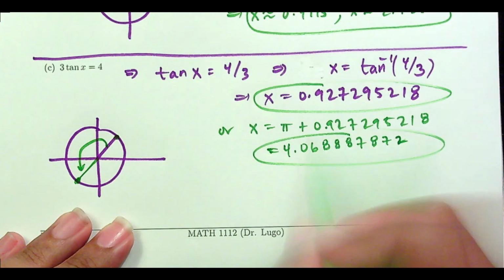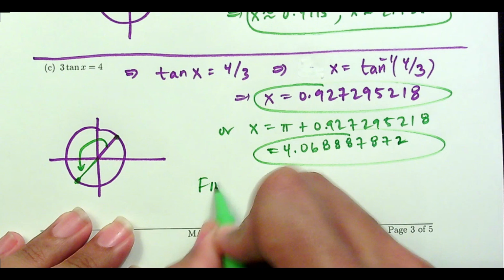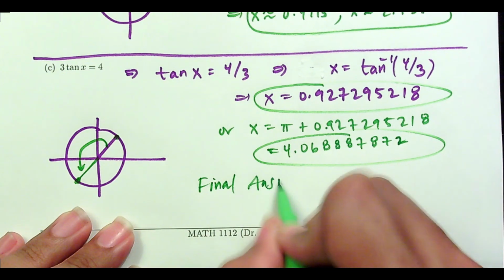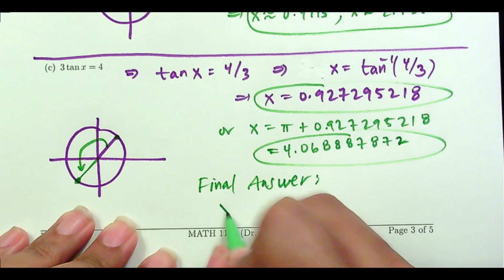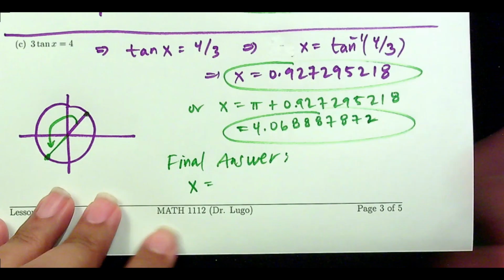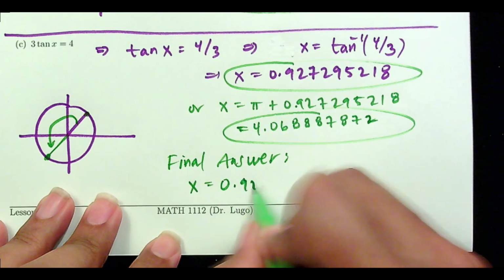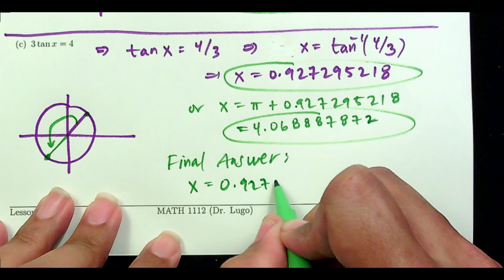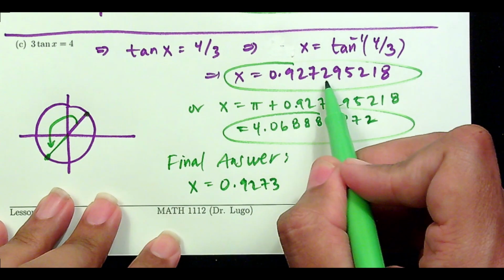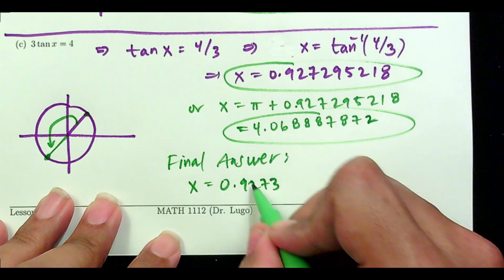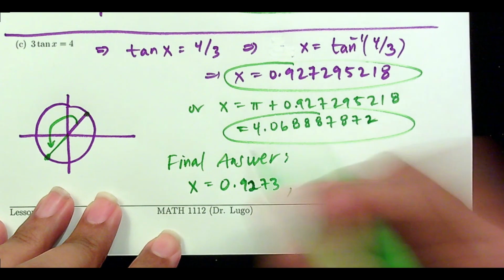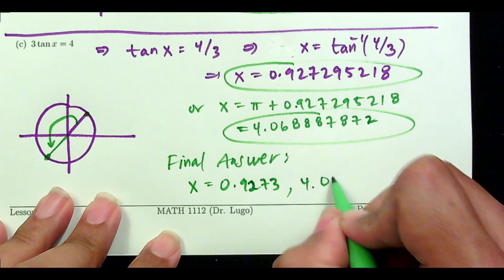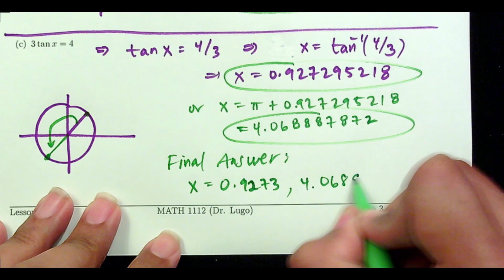Now we can round. So the final answer would be, after rounding to 4 decimal places, 0.9273. That one rounds to 3.1416 plus that, and the other one is 4.0689.